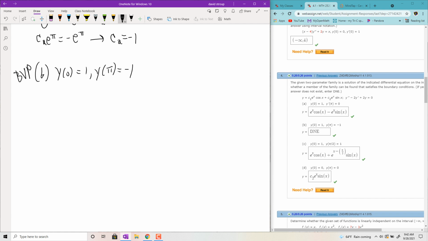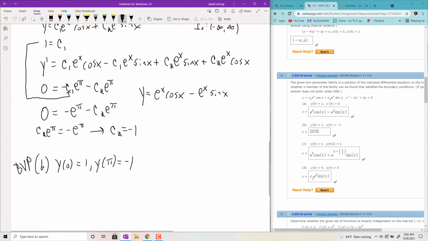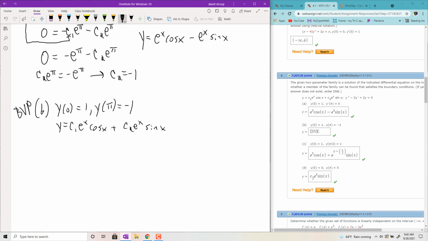So anyways, you look at this problem, and we're using our given function y equals c1 e to the x cosine x plus c2 e to the x sine x. Okay. We're going to plop in those initial conditions. So first plug in 0, 1. So 1 equals c1, e to the 0 is 1, cosine of 0 is 1, plus sine of 0 is 0.